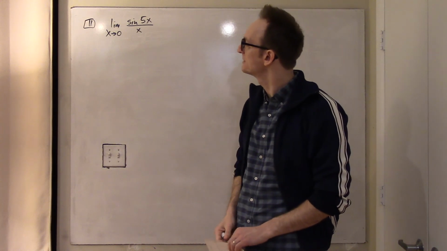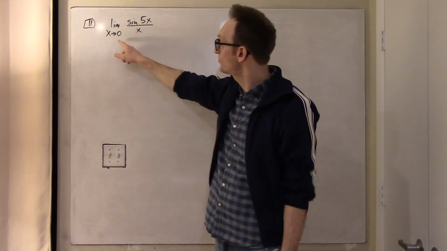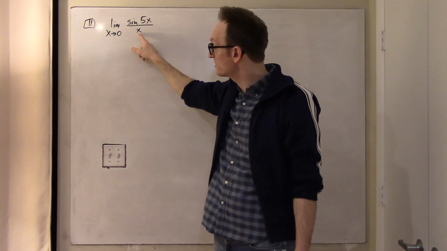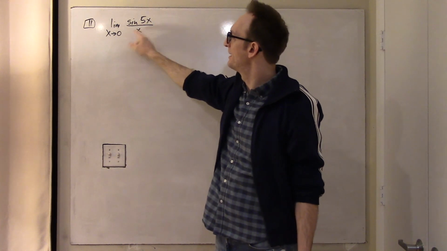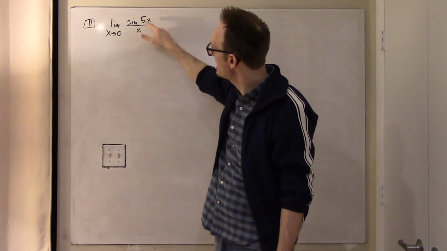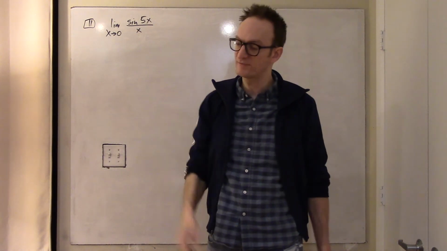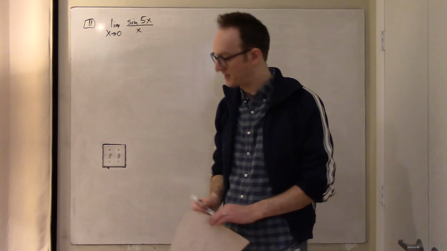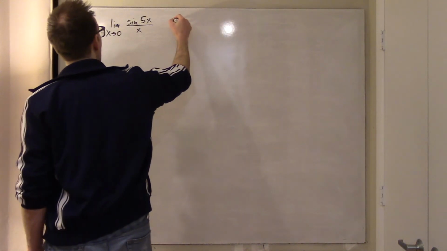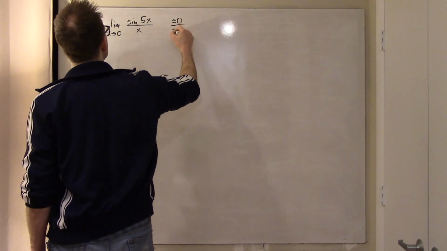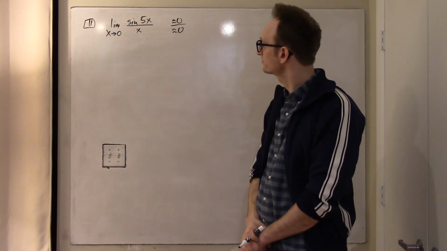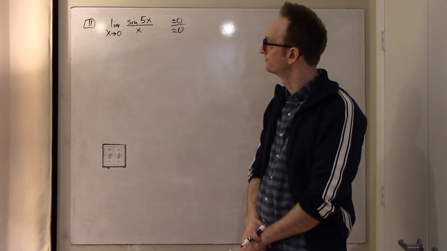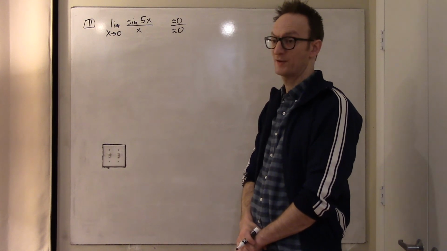If I try to plug in 0, I see that the denominator is going to 0, but the numerator is also going to 0, because if x is very tiny, 5x is still very tiny, and sine of something very tiny is very tiny. So once again we're in this 0 over 0 situation, but what can we do about this? We better figure this out.